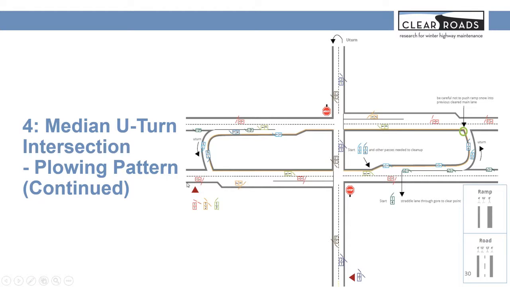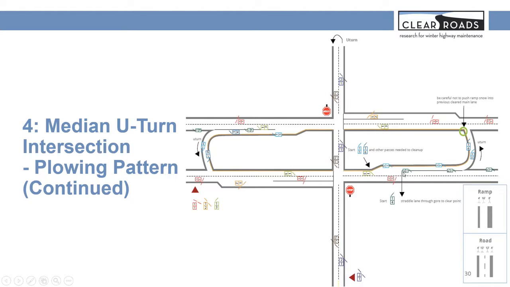At the same starting point, track number 1 starts pass number 3 to clear the left through lane. This time, the track only uses the front plow and pushes snow to the left. So here, go across and turn around, clear the left through lane, and also turn around, come back, and continue the track proceeds to the U-turn ramp and starts pass number 4.